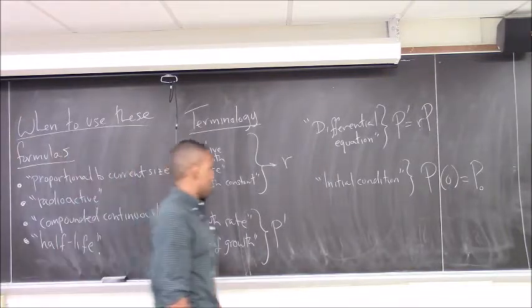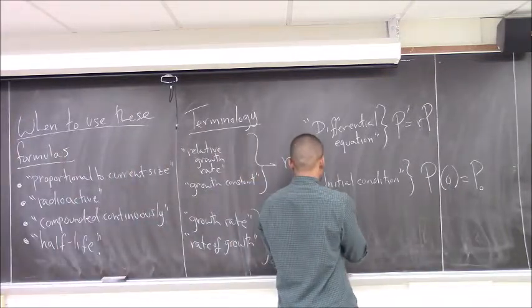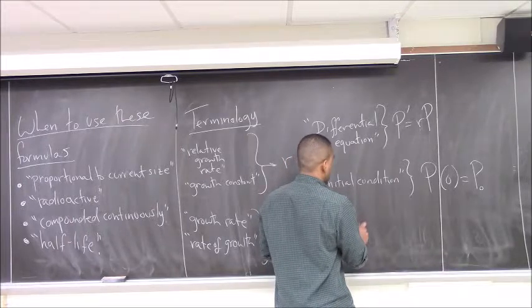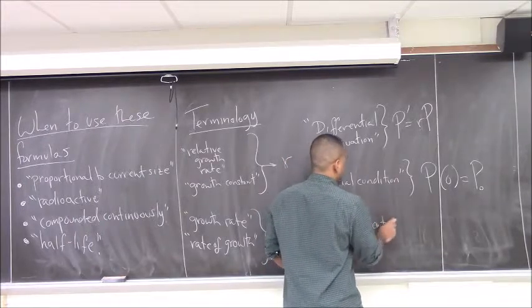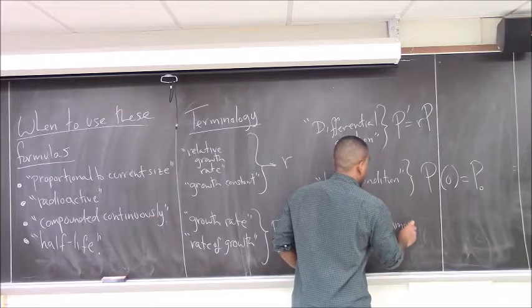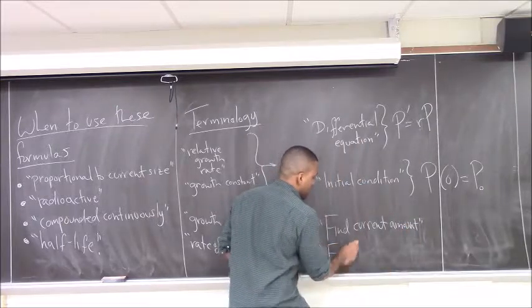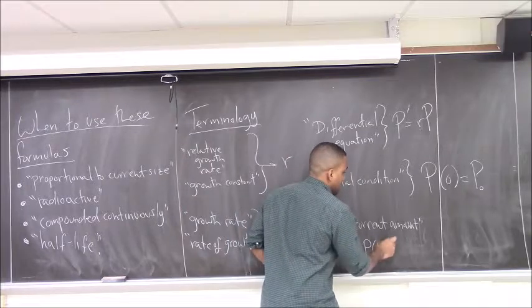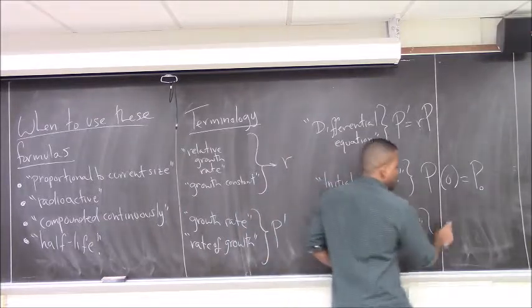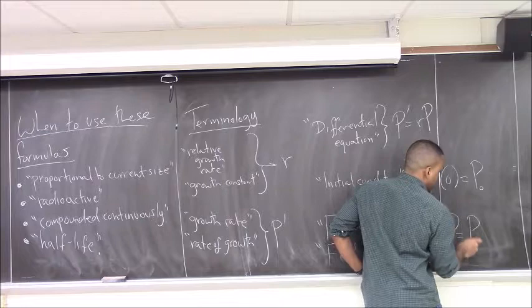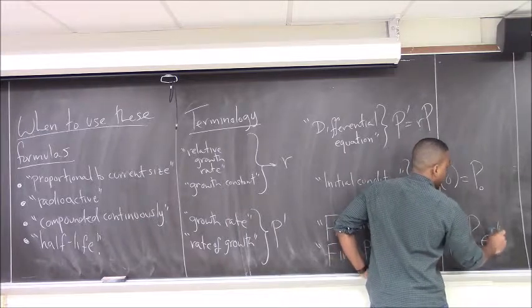If it says something like find the current amount, or find P of t, that's of course referring to the general formula P = P₀e^(rt).